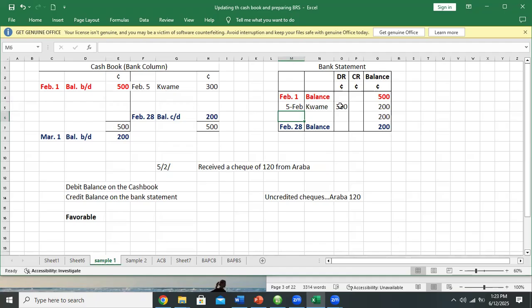Now, if Kwame has not presented the check for the bank to pay, what we refer to as what? Unpresented check. Then you will see that our cash book would have a balance of 200, while the bank statement will have what? 500. Simply because Kwame has not presented the check for the bank to make the payment.